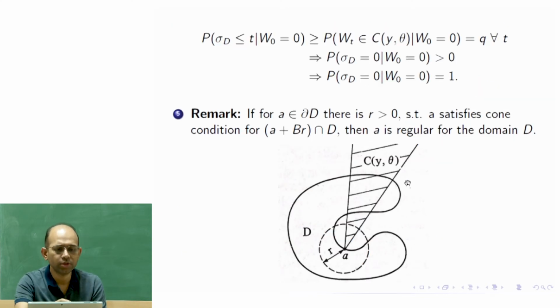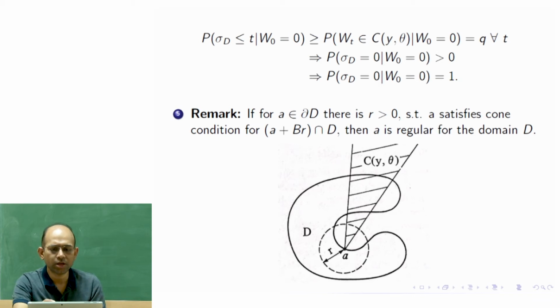Next, we take the probability. Actually, our intention was to find the probability that sigma_D is less than or equal to t, given W_0 is equal to 0. This probability is greater than or equal to the probability that W_t belongs to C_{y,theta}.